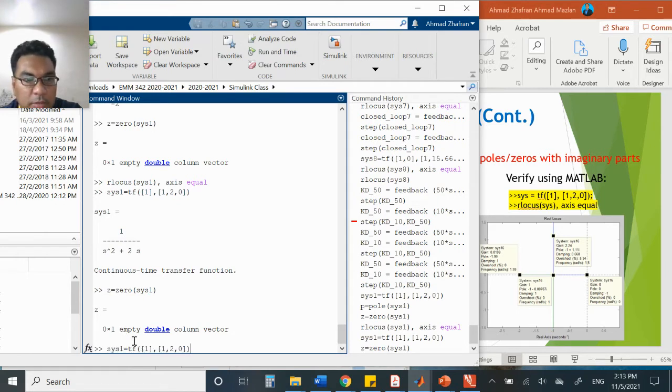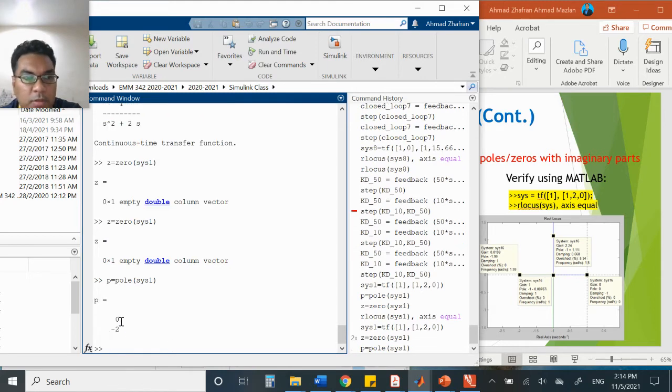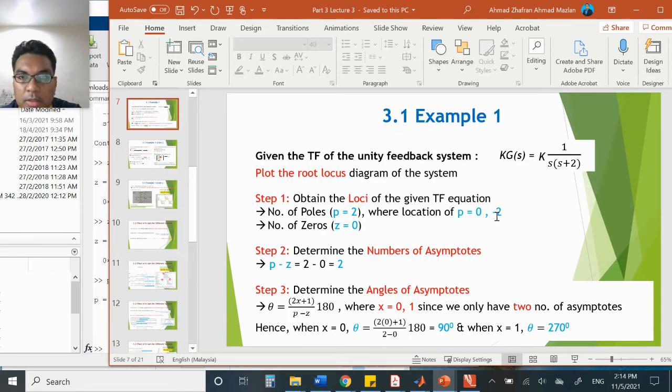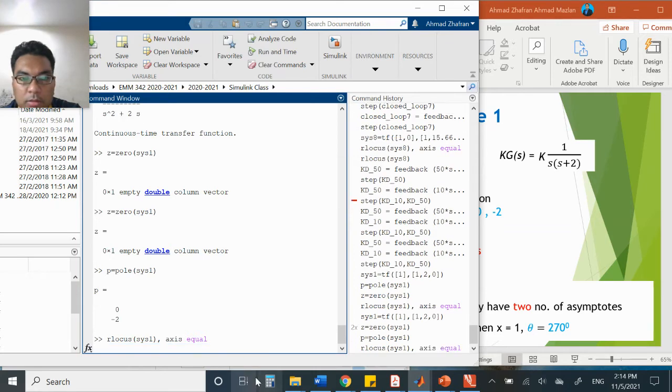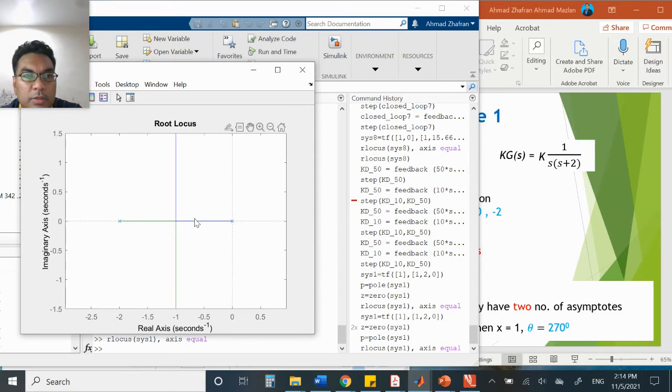For the poles of the system, you get 0 and -2, as what you have determined before. From that you can plot your locus, I consider this system 1 here, so that you can have this plot.